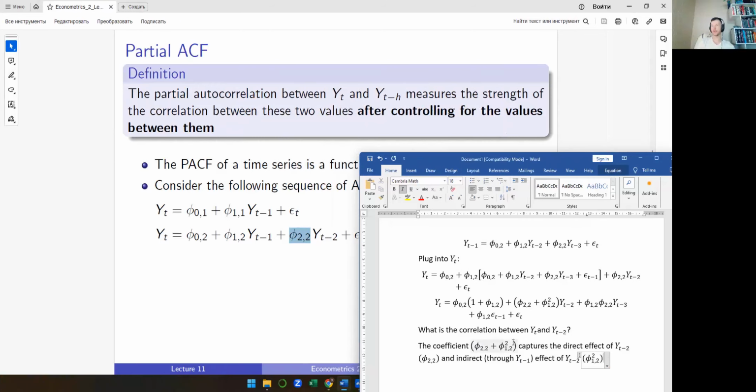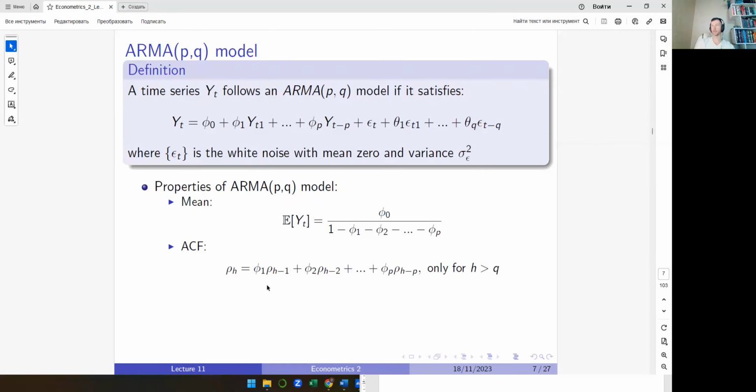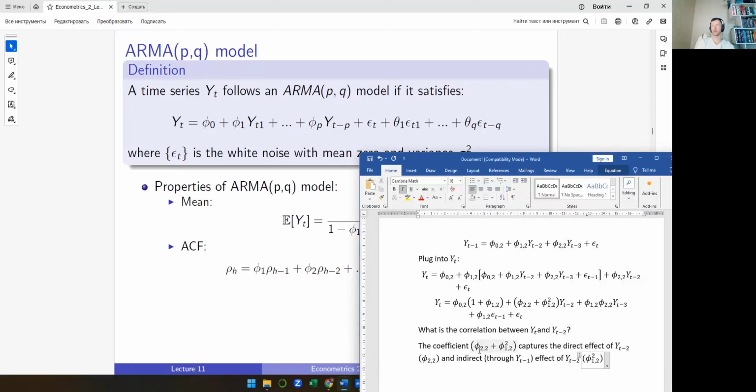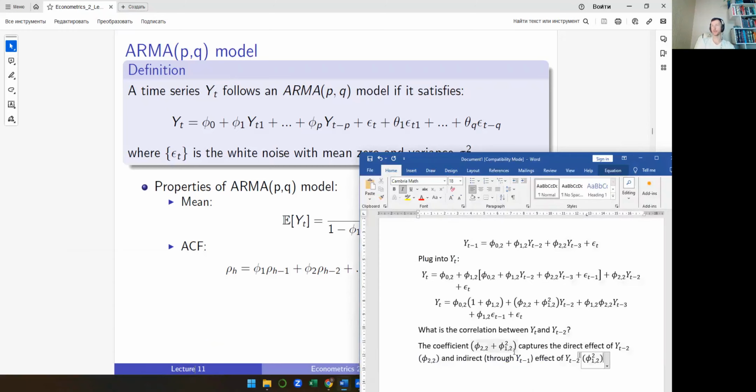And exactly here we have this structure that I showed you. Here, look, the structure of autocorrelation. So phi 1 times autocorrelation of order 1, this one. Phi 2 times the autocorrelation of order 2, this one. And so on. So it expands recursively. So again, this part is going to be captured by the autocorrelation function.